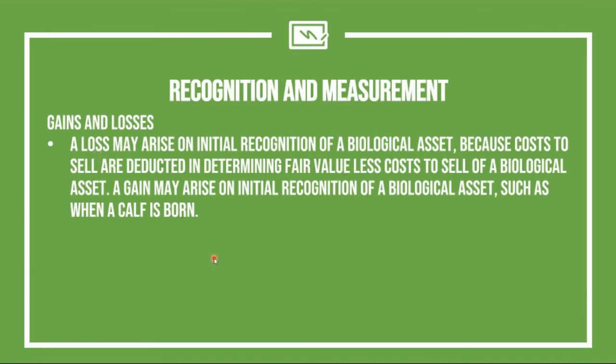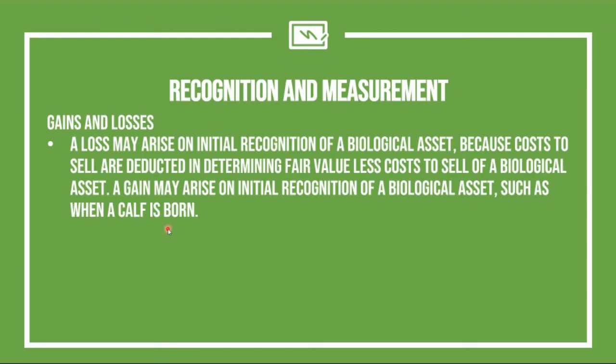Okay? Also, there can also be an attached or a related loss whenever a biological asset was initially recognized. Example, in this case, when a calf is born, generally there will be degeneration on the part of the mother cow because the value of the mother cow may be reduced because of degeneration. Similarly, in all other animals, let's say for example the pig, if the mother pig will produce more and more little pigs, the quality of the meat of the mother pig will now be lower.